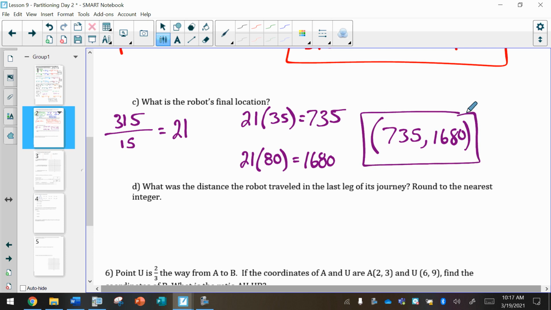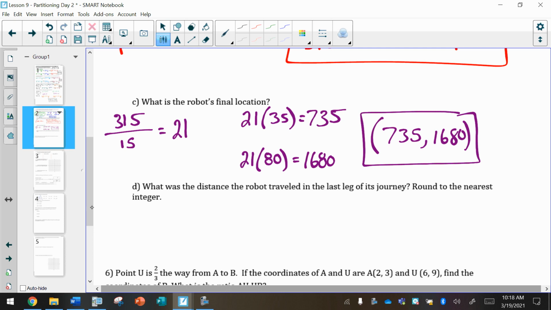Now we know where it started, we know where it stopped, and it asks what was the distance the robot traveled in the last leg of its journey. Oh, not from the beginning, from the last leg. So that means the second portion.